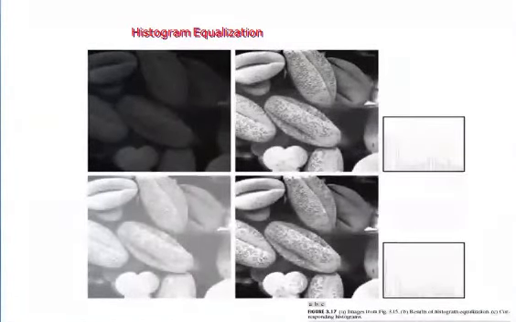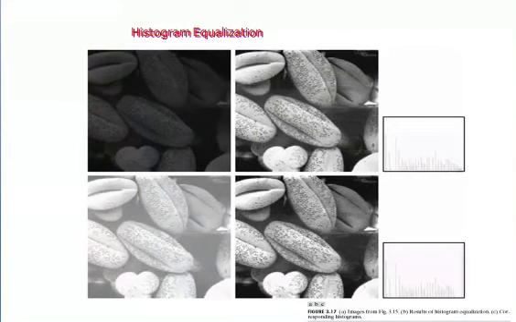Up to now we have completed histogram and histogram equalization. How can you represent it in two methods? You can draw the histogram: the first one is h of rk versus rk, another one is p of rk versus rk. Based on the histogram, how can you identify the image and the different types of images, and how can you enhance the particular image.